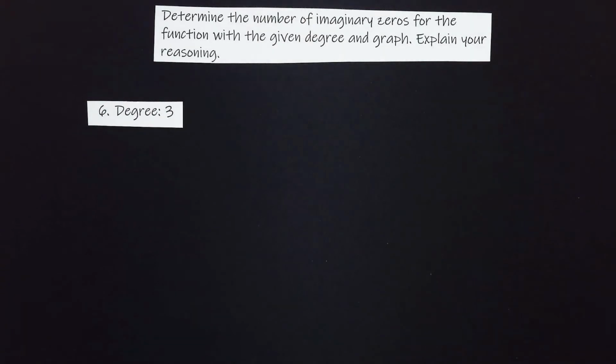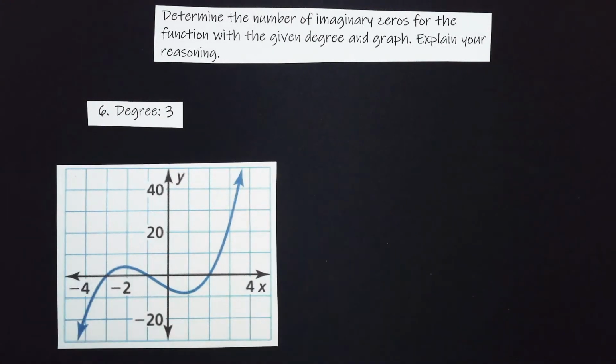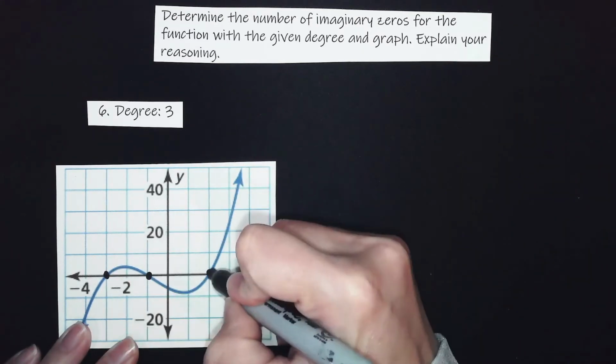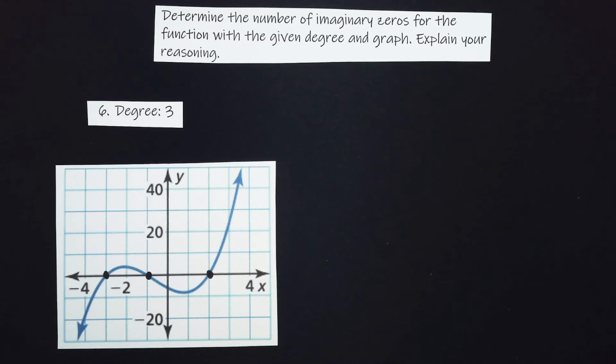For number 6, we have a degree of 3 and a graph that looks like this. So we look on here, every time it crosses the x-axis, we have a zero. So I have 3 real zeros.